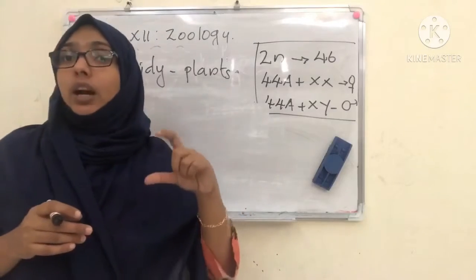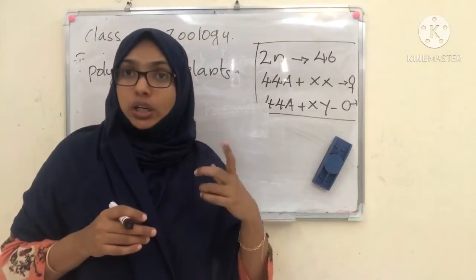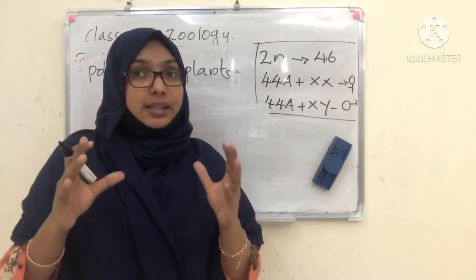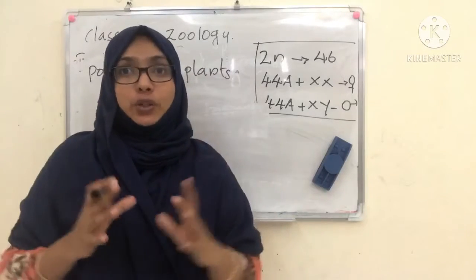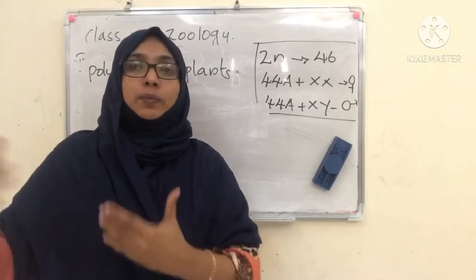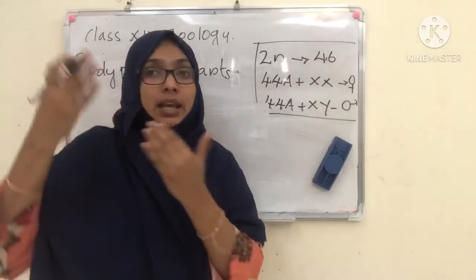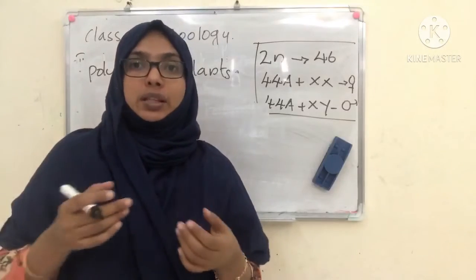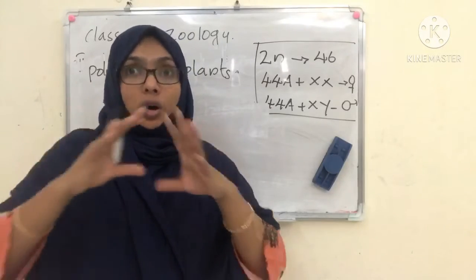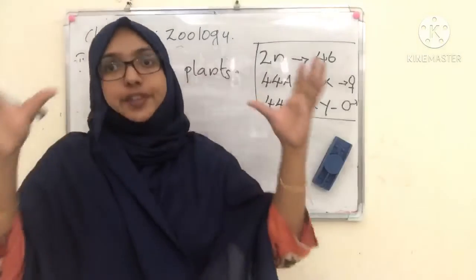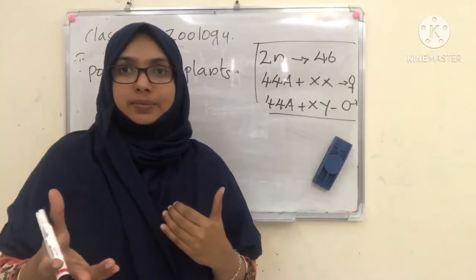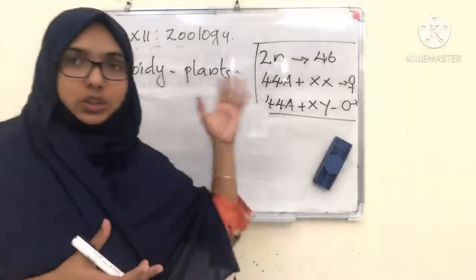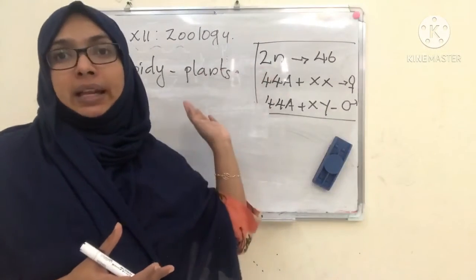So the failure of cytokinesis to occur after telophase results in an increase in the whole chromosome set in the offspring. Altogether, the whole set of chromosomes will be doubled. That condition is known as polyploidy, and that is generally visible in plants.